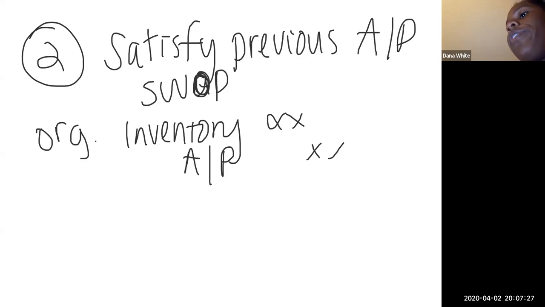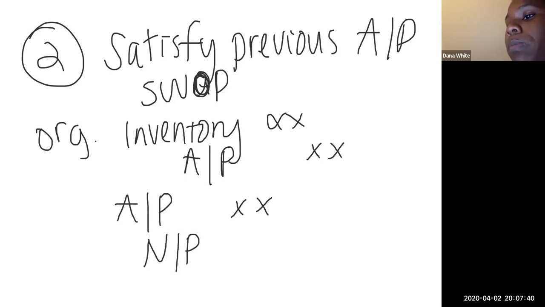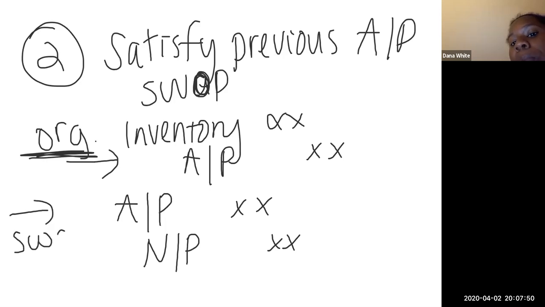That is what we're very used to seeing. But maybe I didn't pay within the time period, so I'm going to do a swap. I'm going to debit my accounts payable for said amount of dollars and do a credit to notes payable. Okay, so that is scenario number 2. So it originally started like this, but then we did some kind of swap and we made a promise of interest.